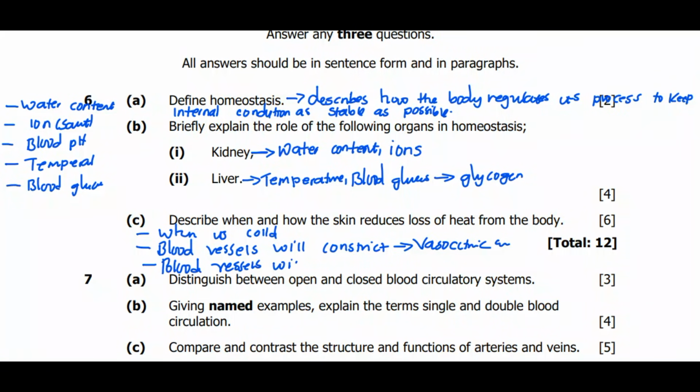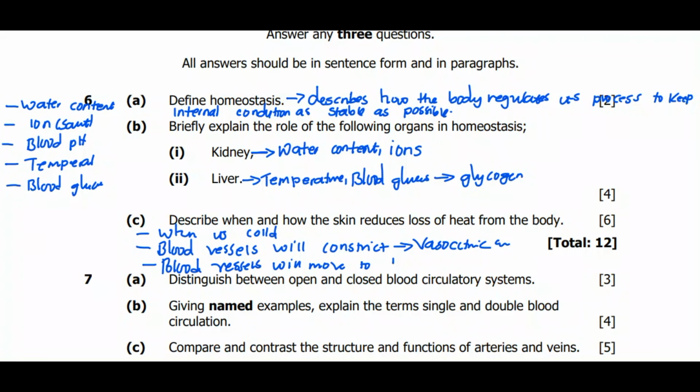They will move to a deeper position, because whenever it's hot, the blood vessels will come to the surface of the skin, so that there is loss of heat to reduce the temperature. So the opposite happens when it's cold. The blood vessels now will move to a deeper position, so they will move away from the skin.